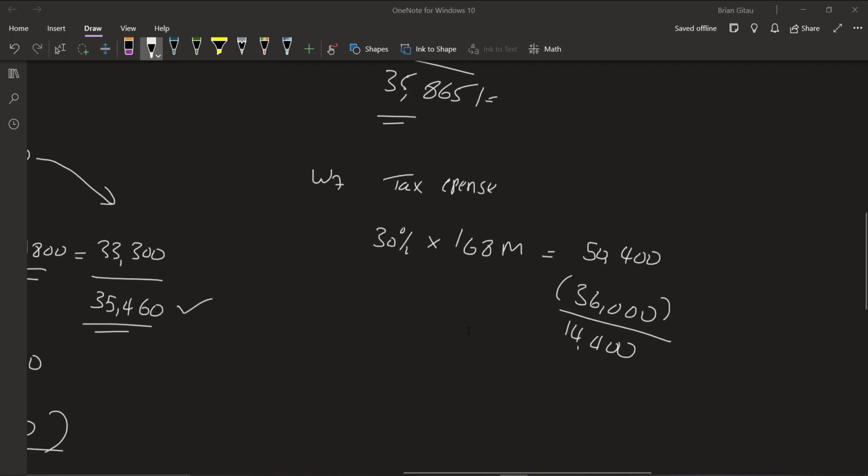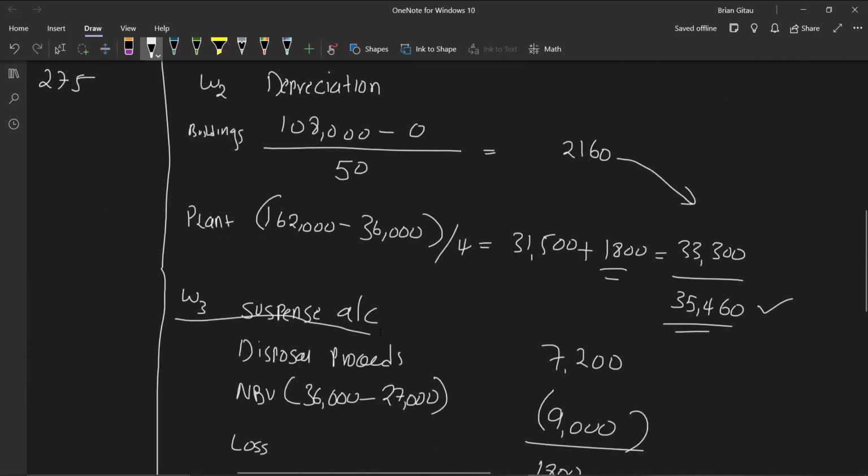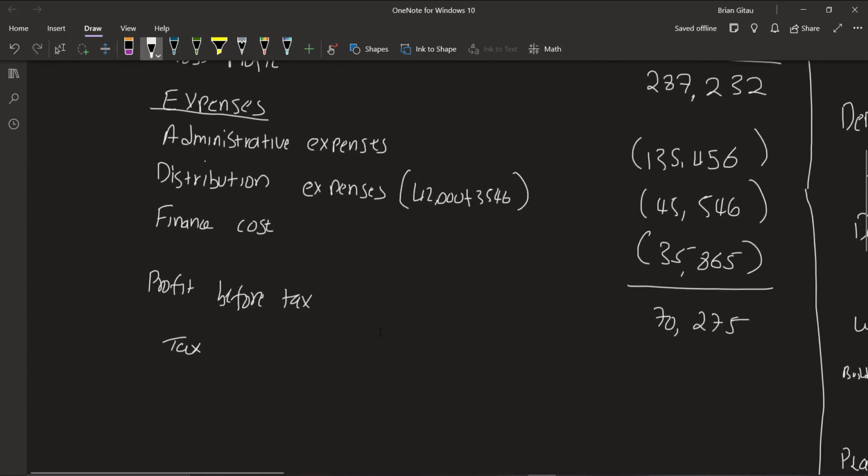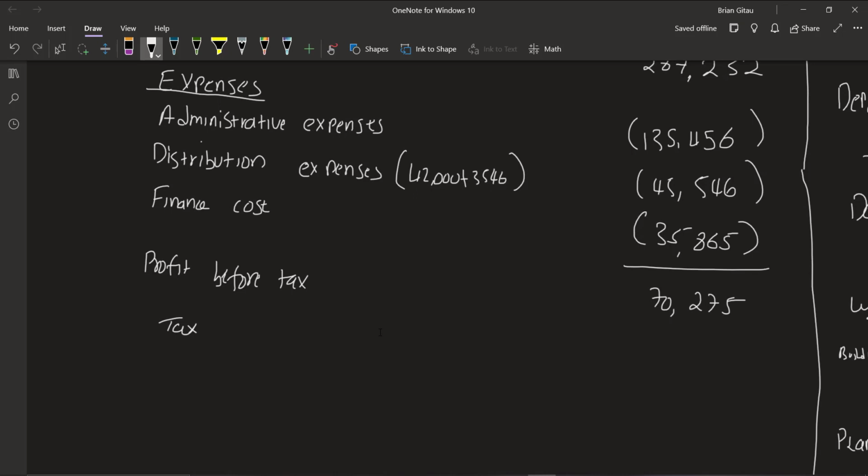We also need to include the current tax of 9,000. So 14,400 plus 9,000. This is giving us 23,400. So let's indicate that tax for the year is 23,400.